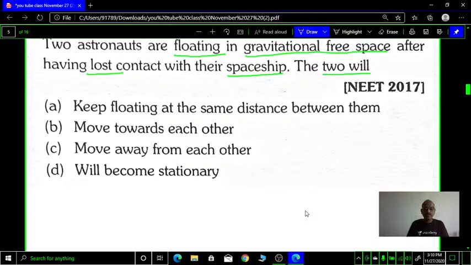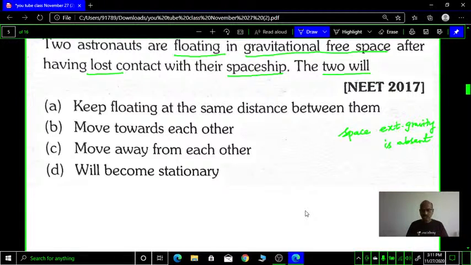In space there is no external gravity, right? Keep in mind, the two astronauts are floating in a gravitational free space. In space, external gravity is zero. External gravity is absent actually, but there will be a very small gravitational force between the two astronauts.